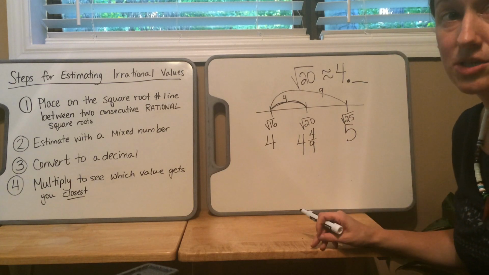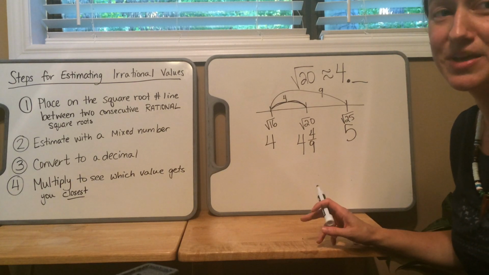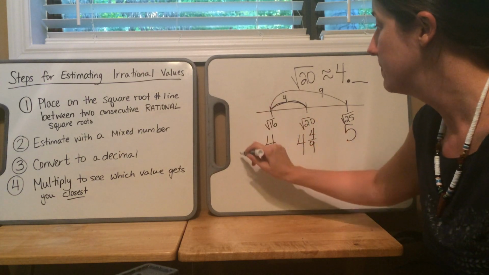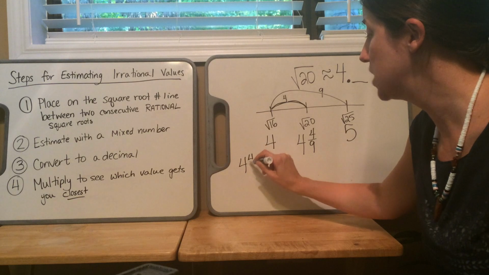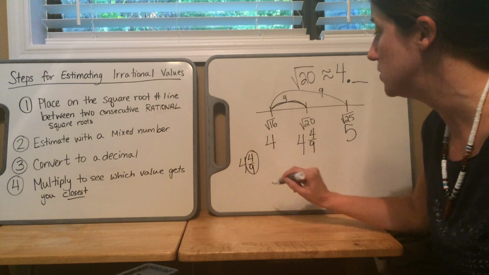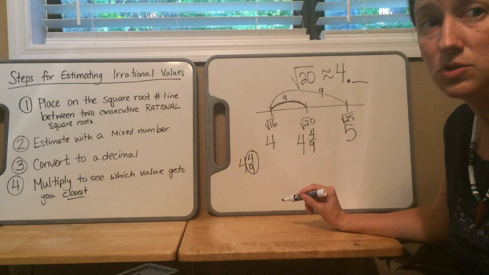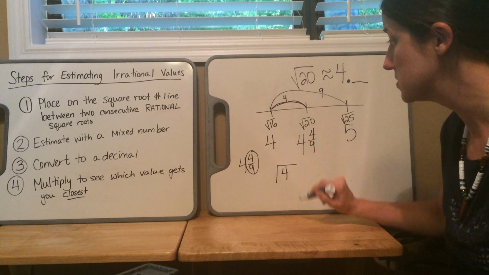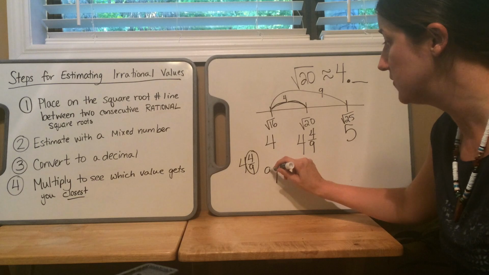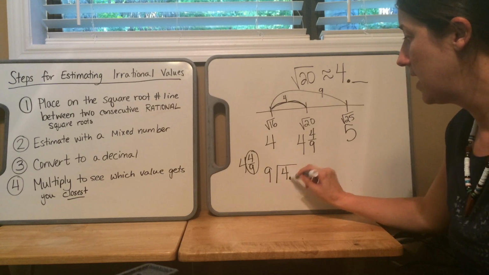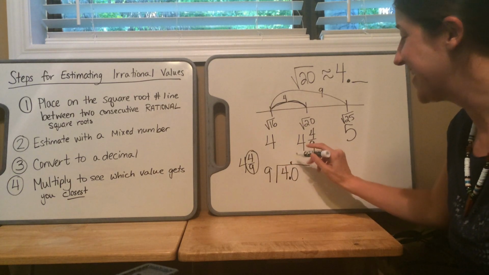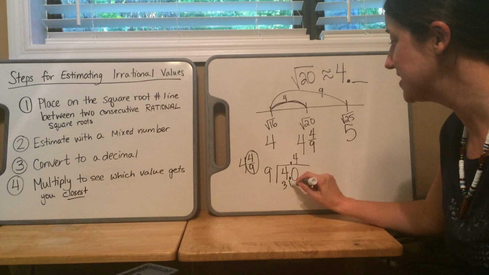But we were asked to convert it to a tenths place decimal. So we're going to take 4 and 4/9 and we are going to change 4/9 to a decimal. To convert a fraction to a decimal, we divide. Top dog goes in the house. So 4 is being divided by 9. Add a decimal and a 0. 9 times 4 is 36.